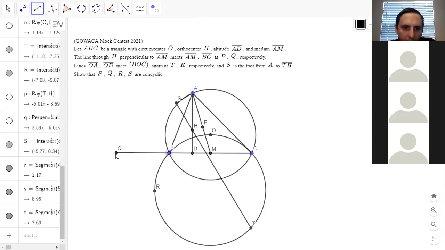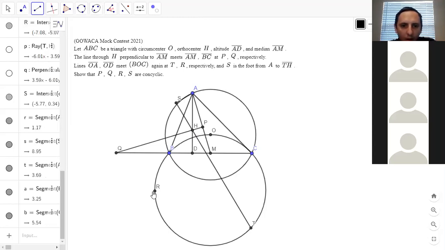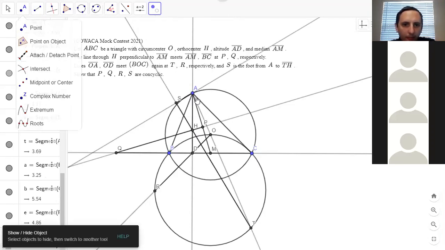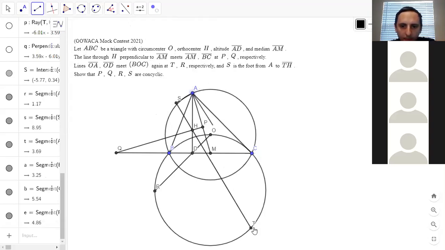And that, this, that. Is that everything? I feel like I'm missing something. Oh, AO and T. I want to draw that segment. There we go. So APHS is cyclic.